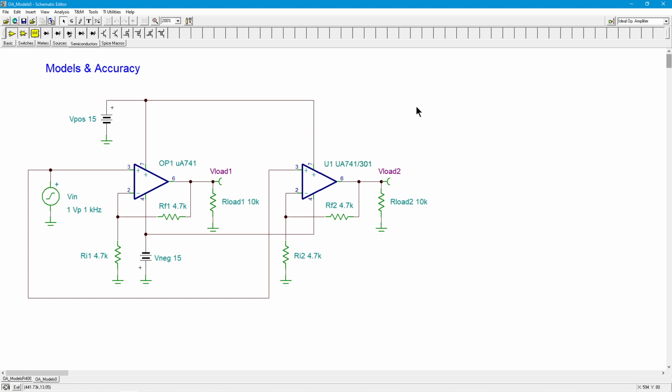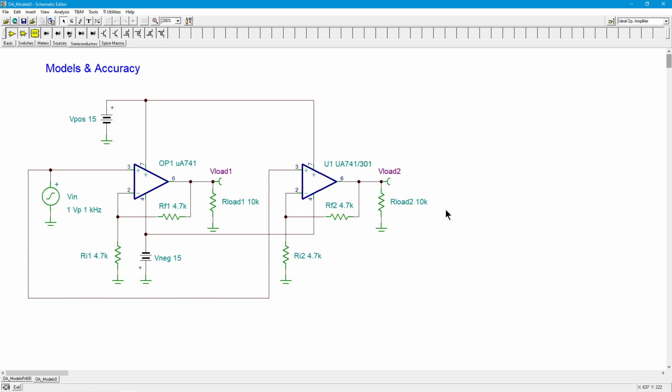So let's take a look at something where we're going to push the op-amp. We just looked at the frequency limit, but there's another op-amp limit that a lot of people don't think about, and that's the maximum output current. A 741's short circuit output current, its maximum load current, is about 25 milliamps.